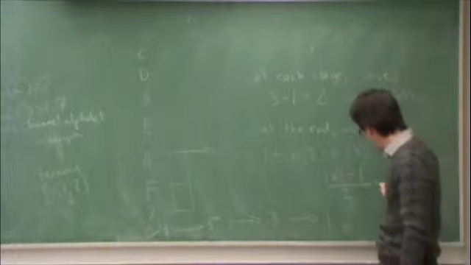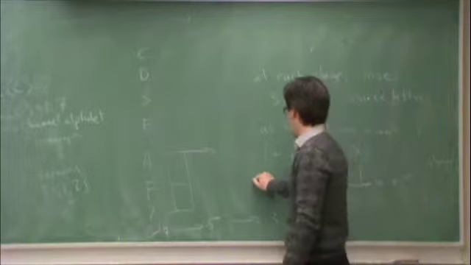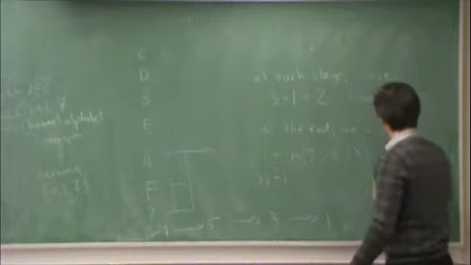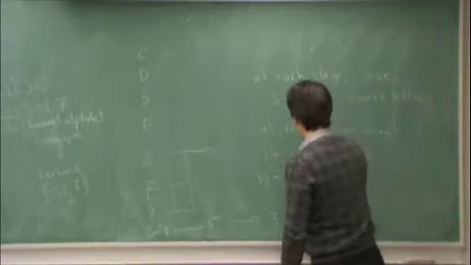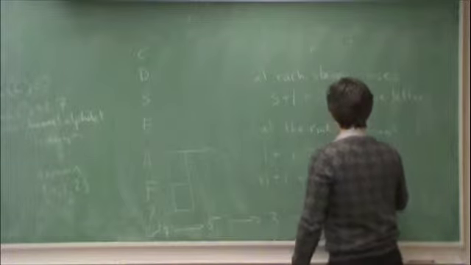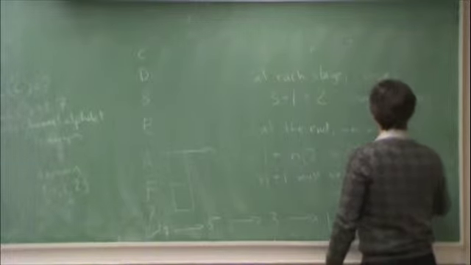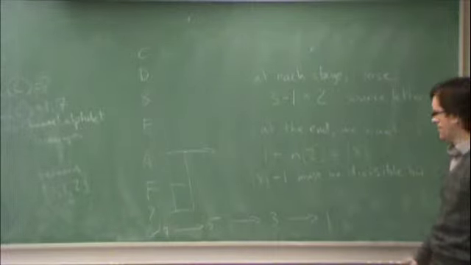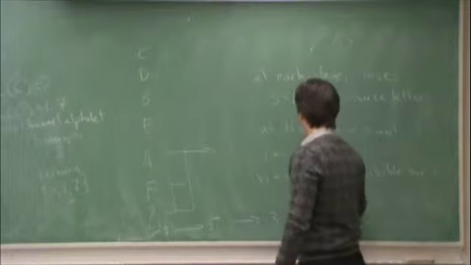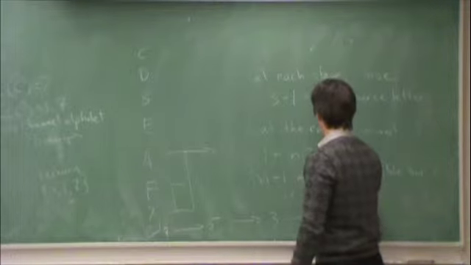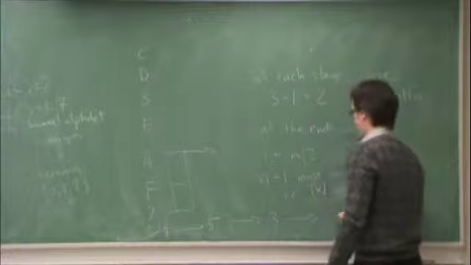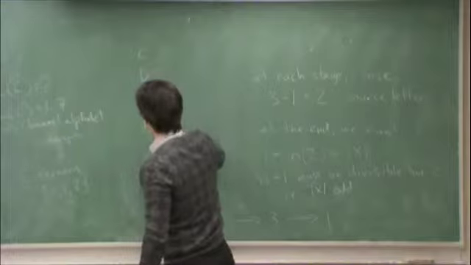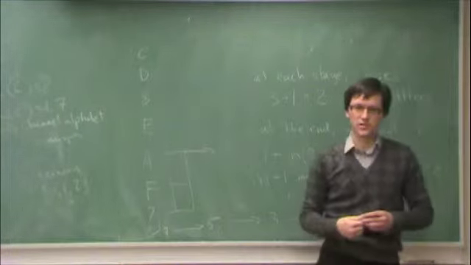In other words, cardinality of x minus 1 must be divisible by 2, which means that cardinality of x must be odd. That's why I started out with the problem, because originally I had 1, 2, 3, 4, 5, 6 source letters, which is even.